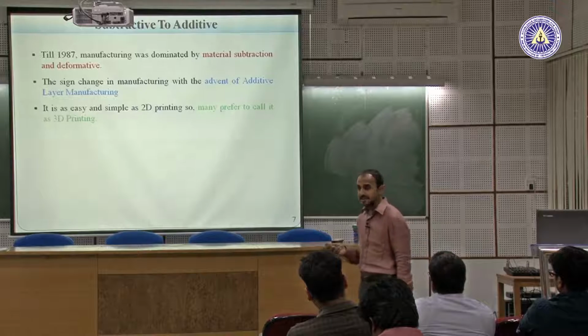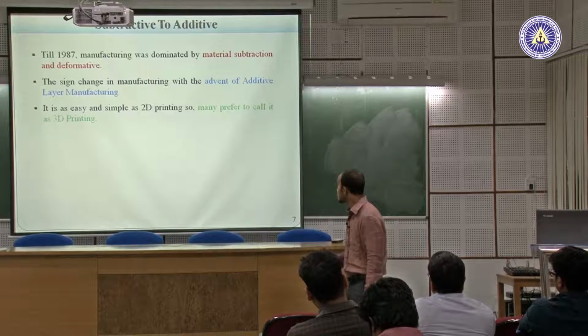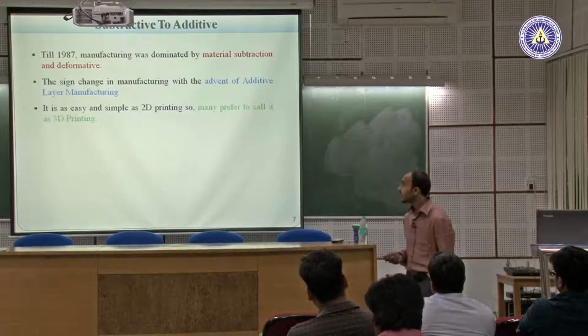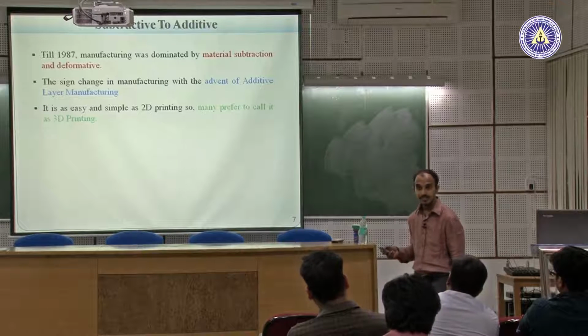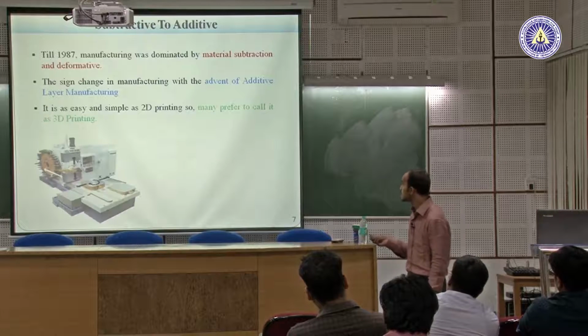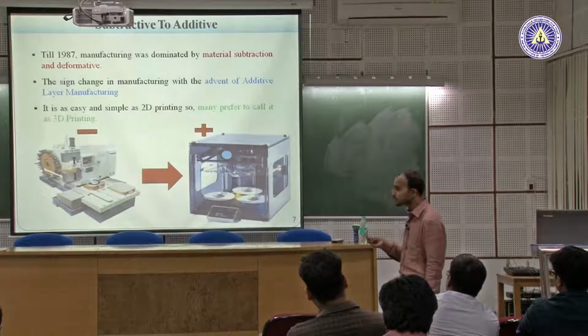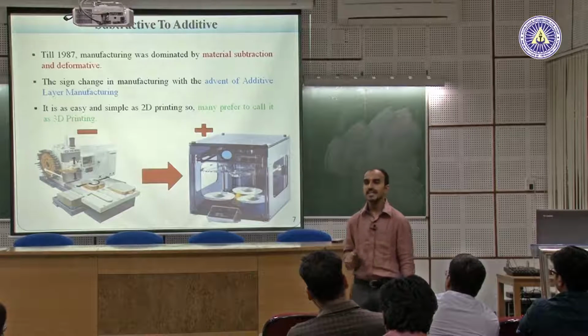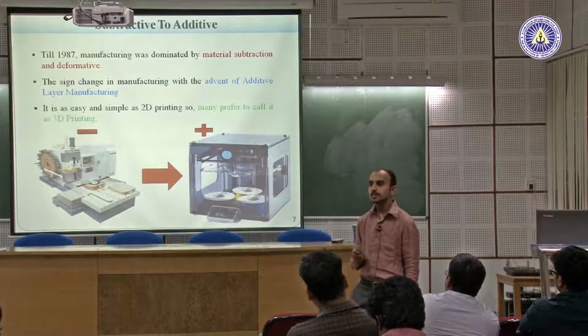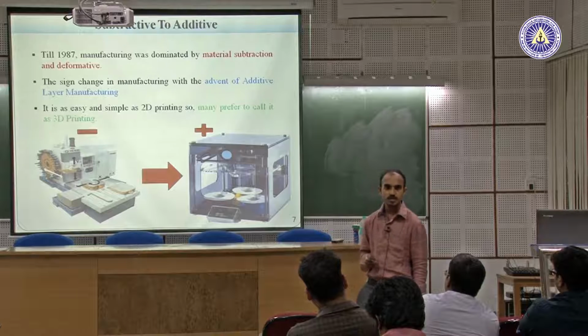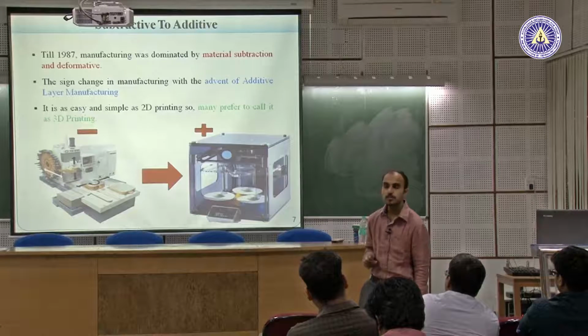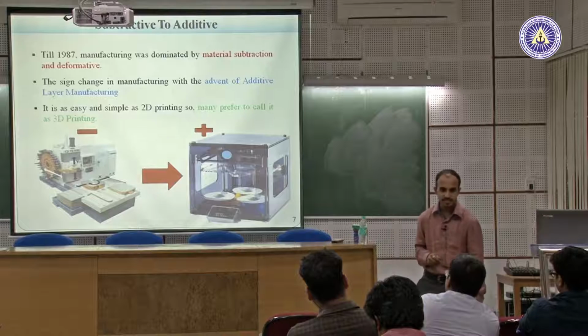Till the 1980s, manufacturing was dominated by material subtraction and deformation methods. But now the sign has changed from minus to plus, because production of parts using additive layer manufacturing is superior to subtractive methods. Why? Because it is material efficient and energy efficient.